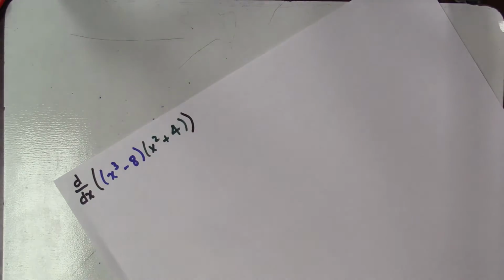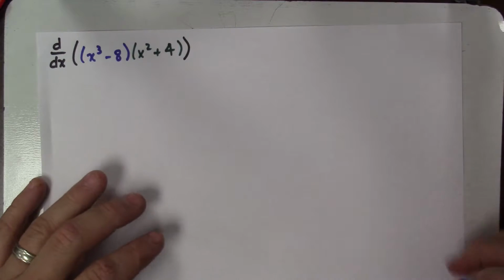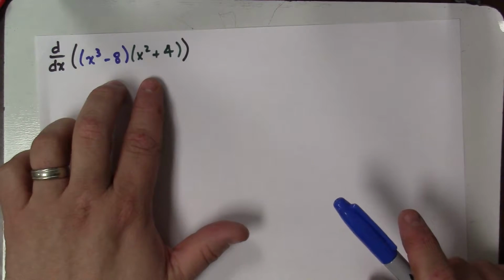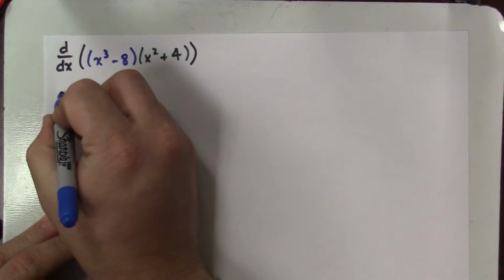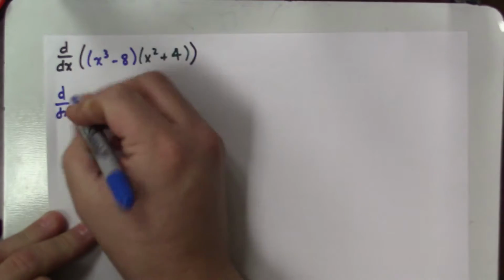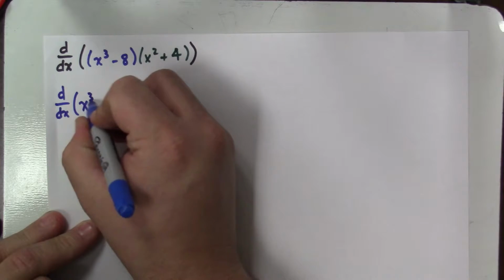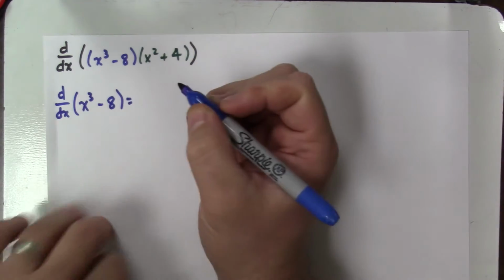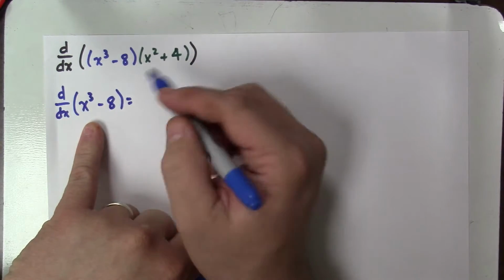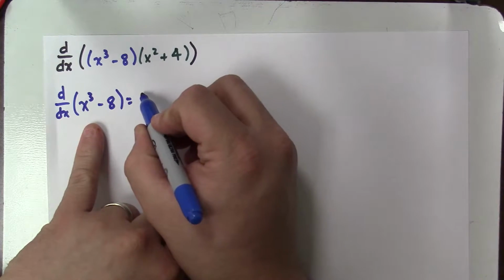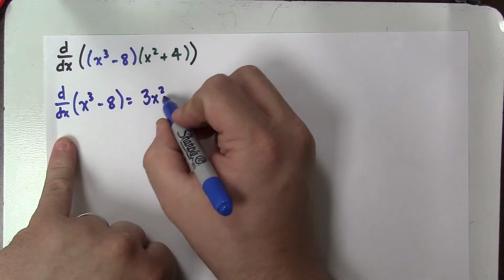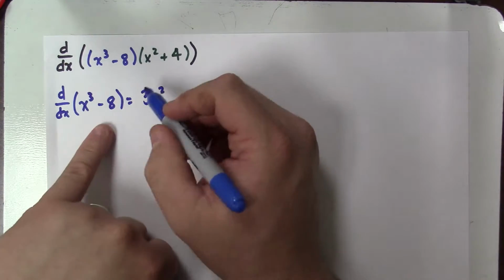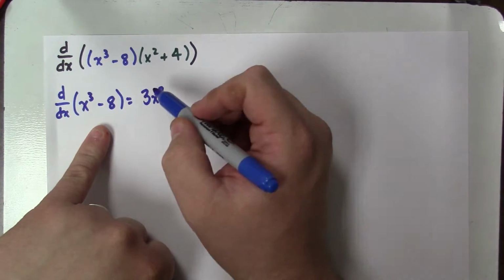Now, before I do all of this, I'm going to differentiate these two things on the side, so I just have to plug them in. The derivative with respect to x of x cubed minus 8, using our rules, this first term is 3x squared, the power becomes the coefficient, I subtract 1 from the power, and the derivative of negative 8 is 0.